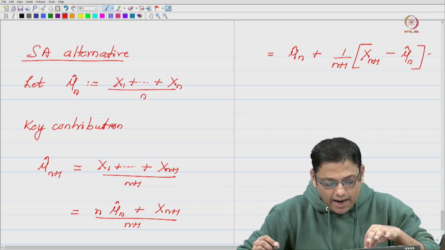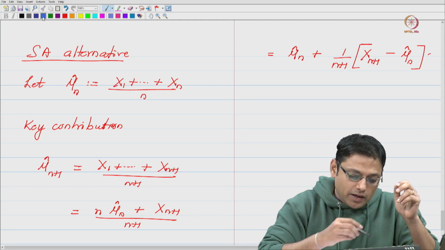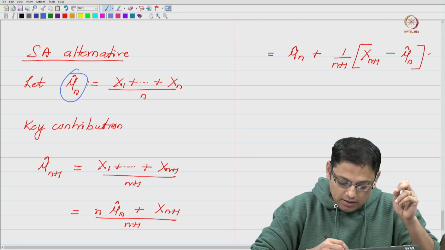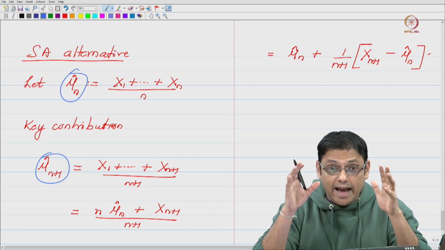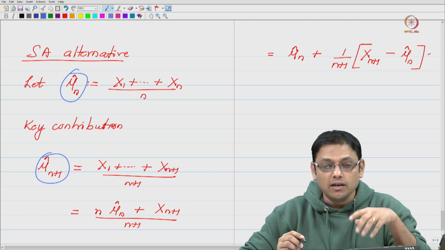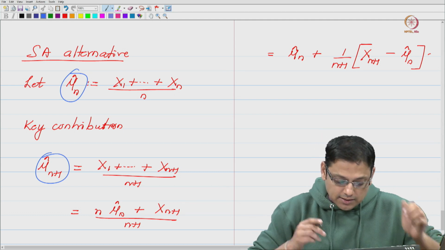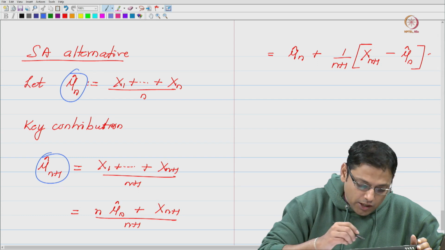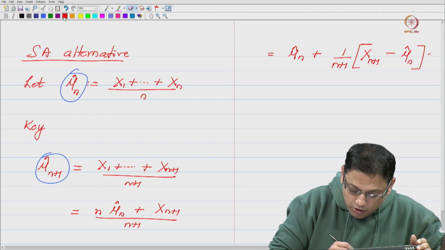So one can see that the naive approach made use of calculations like this. It used mu hat n when it had access to n many samples, and it used mu hat n plus 1 when it had access to n plus 1 many samples. Sorry, I have written key contribution, instead I should say key observation.